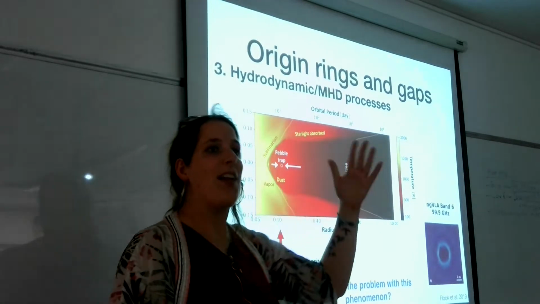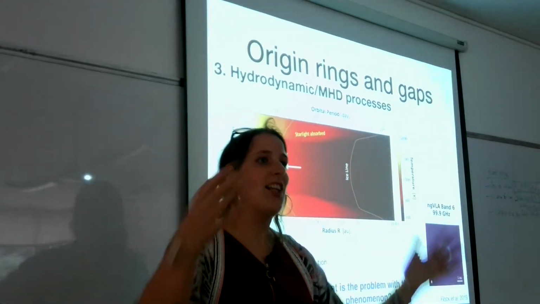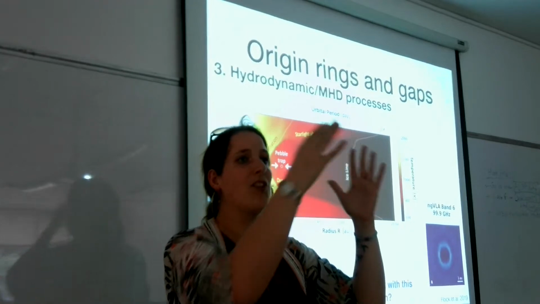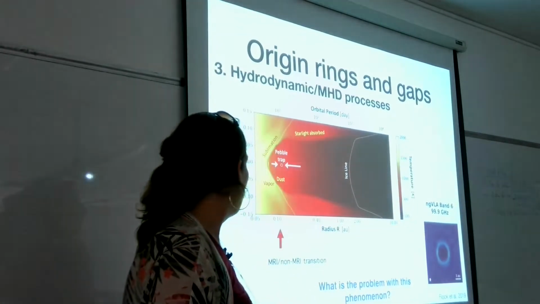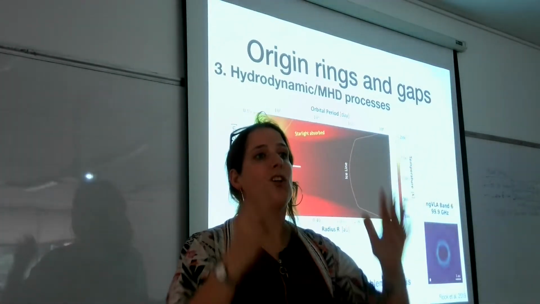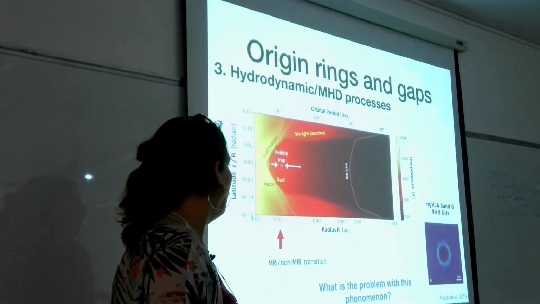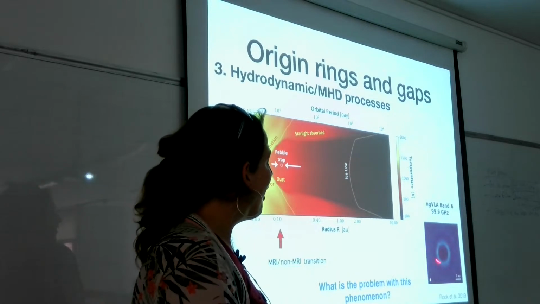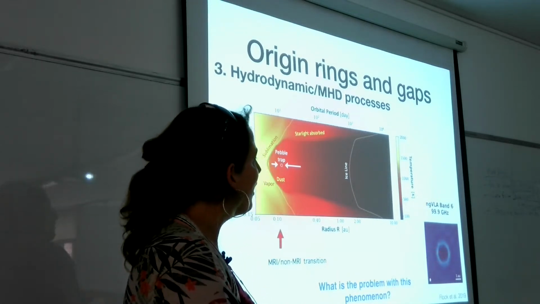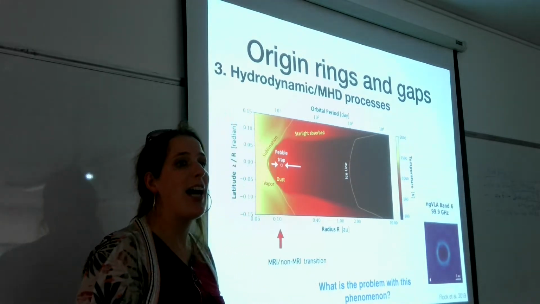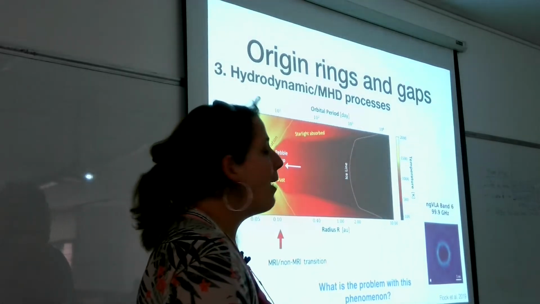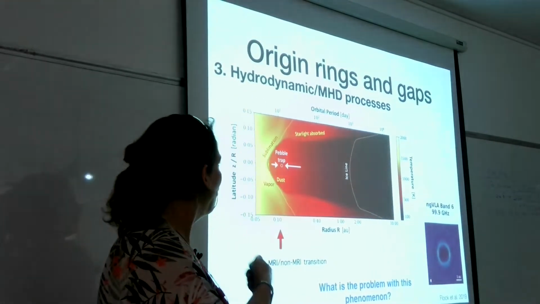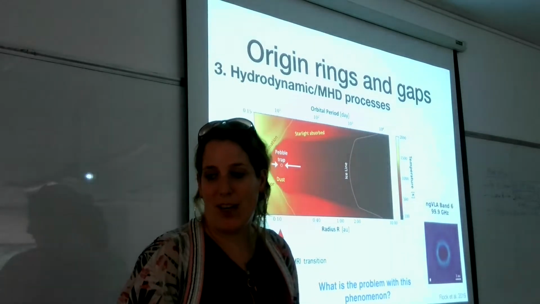At that transition, you would naturally get a gradient in the viscosity, and that would result in a pressure bump, and therefore dust rings. They even simulated that with a future telescope, the NGBLA, with even higher resolution than ALMA, and you will be able to see dust rings at this location where you have that MRI transition.